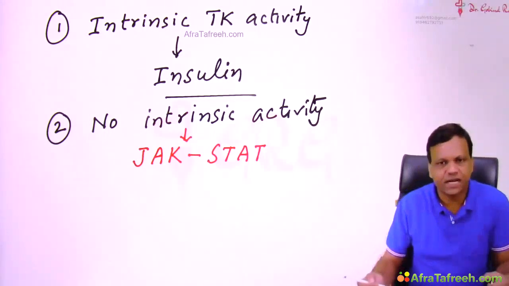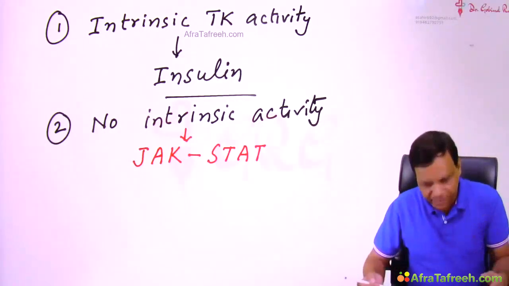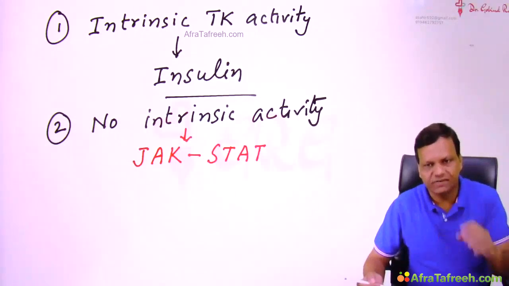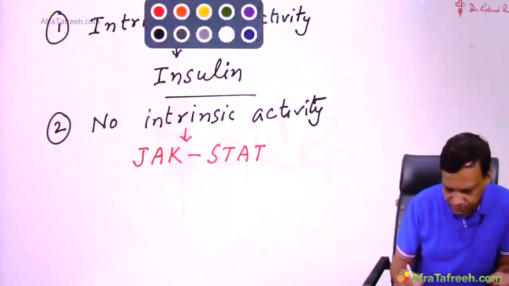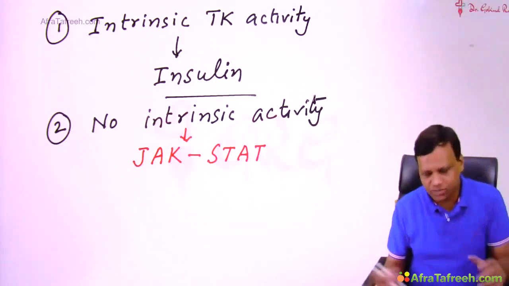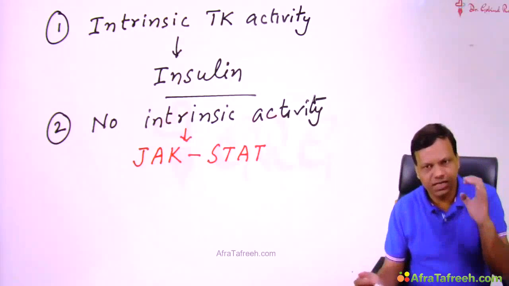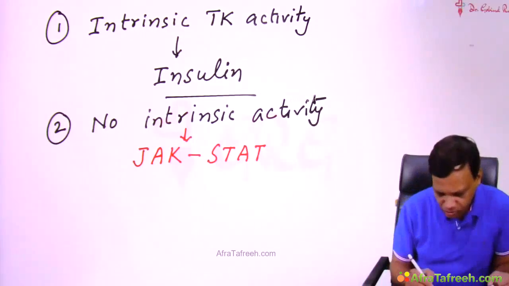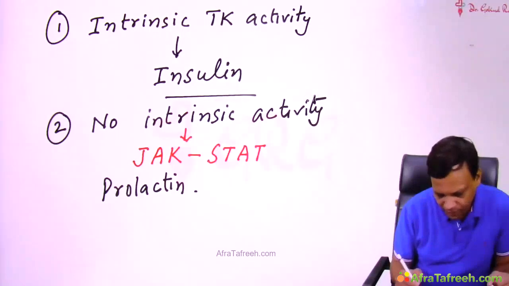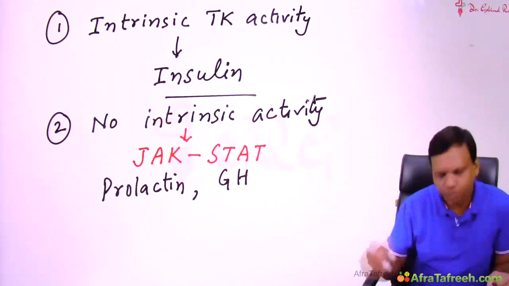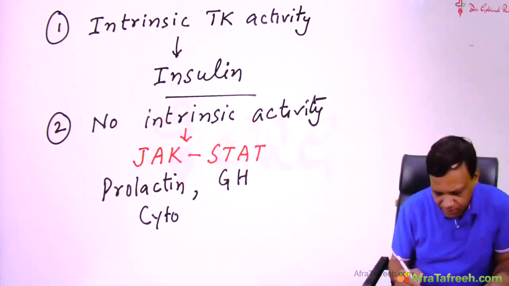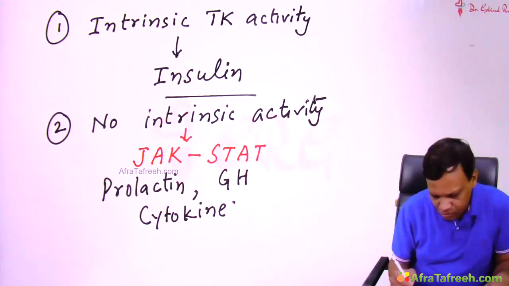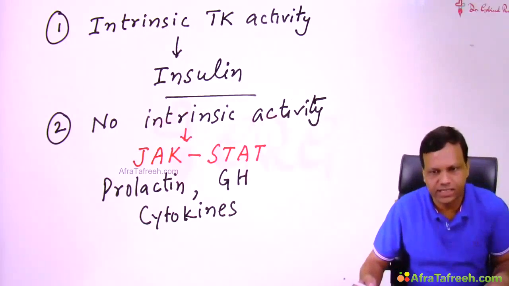So this JAK-STAT pathway, for the receptors which do not contain intrinsic enzymatic activity, these are the rest of the hormones. That means among the peptide hormones, insulin has intrinsic activity. So the rest of the two, that means prolactin and growth hormone, they do not possess intrinsic activity. And all the cytokines, they can act by enzymatic receptors, but they do not possess intrinsic tyrosine kinase activity.